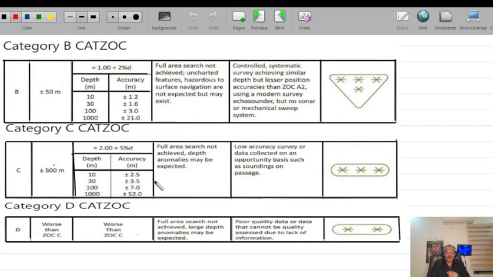The seafloor coverage in this case is full area search not achieved. Depth anomalies may be expected. Many times, maybe because of the effect of global warming or the sea level receding below the charted datum from what it was charted, you may come across seamounts.